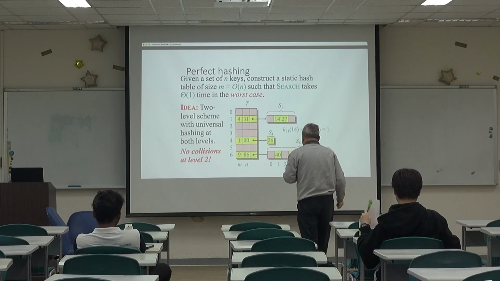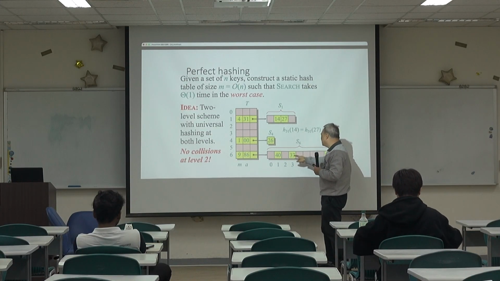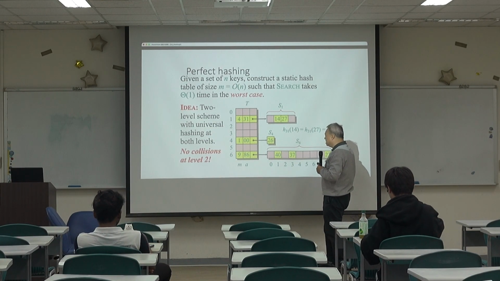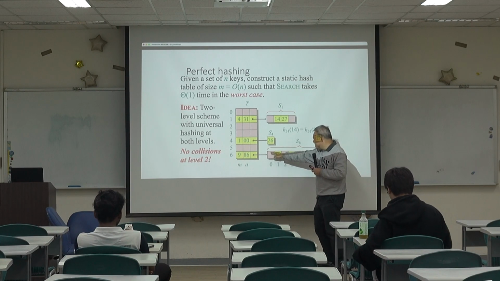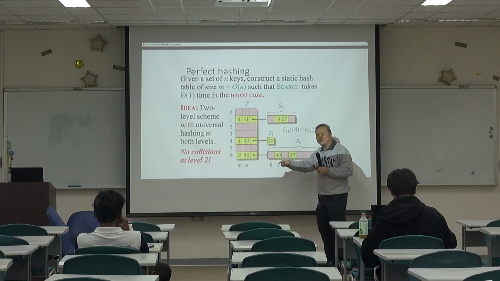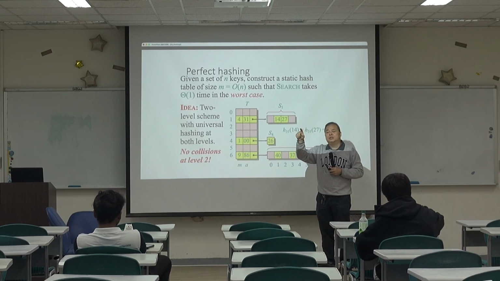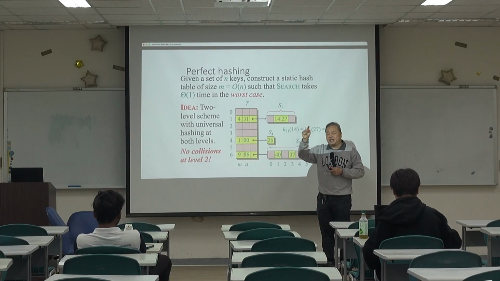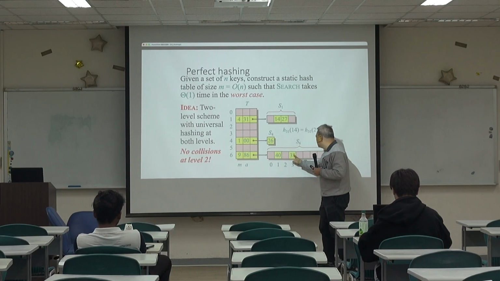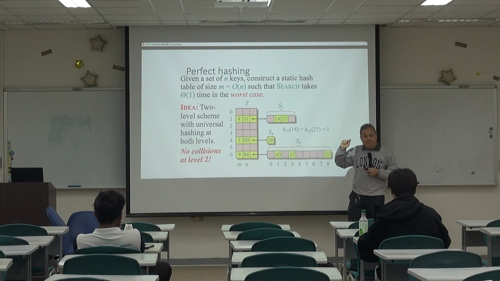Similarly, if you have three keys that collided, then the size of this second level table is 3 to the power of 2. Okay, 9. 1, 2, 3, 4, 5, 6, 7, 8, 9. Okay?